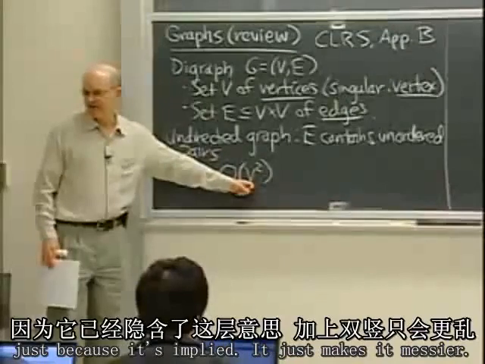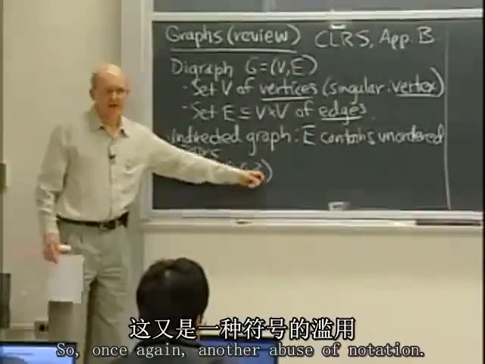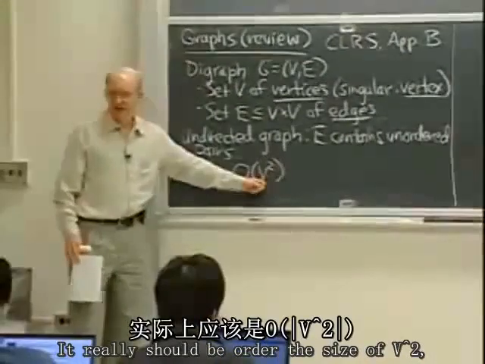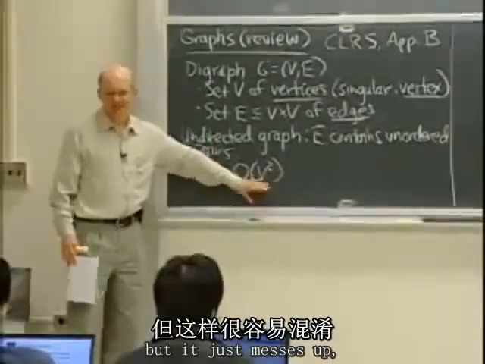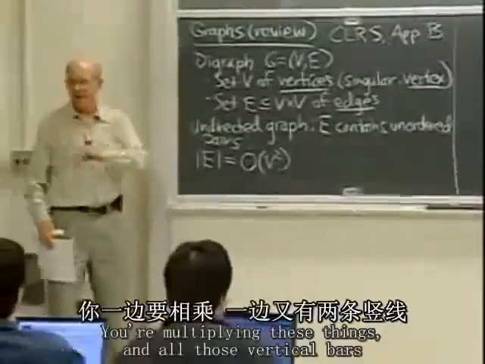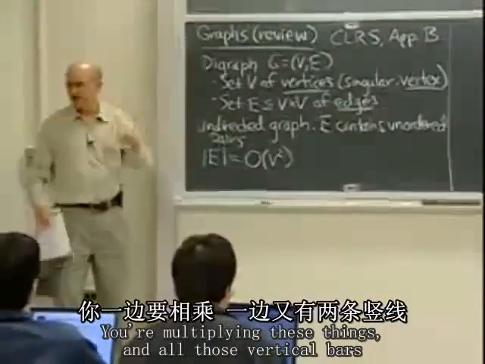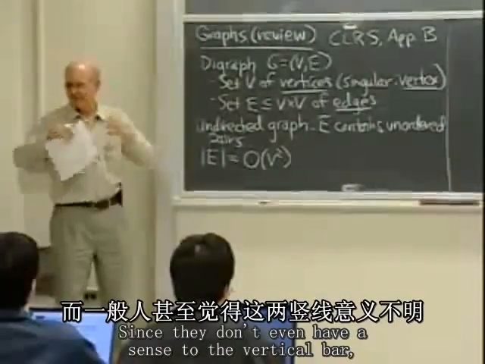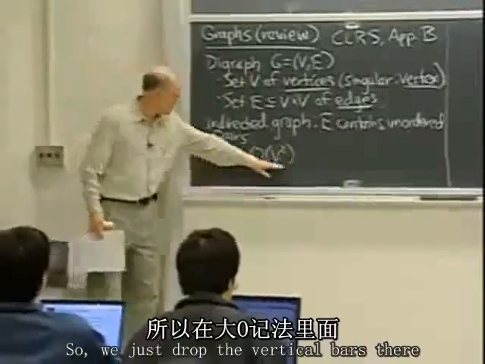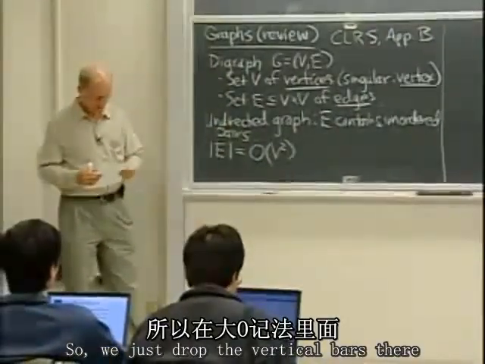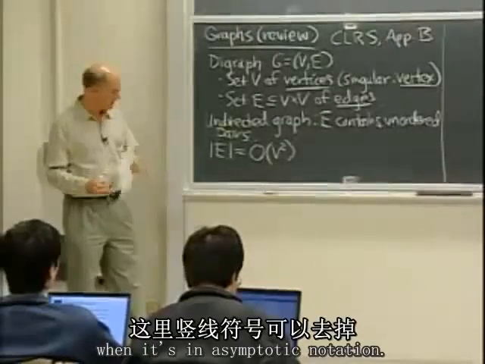It just makes it messier. So once again, another abuse of notation. It really should be order the size of V squared, but it's more stuff to write down, and when you're multiplying these things, all those vertical bars get messy. So we just drop the vertical bars when it's in asymptotic notation.